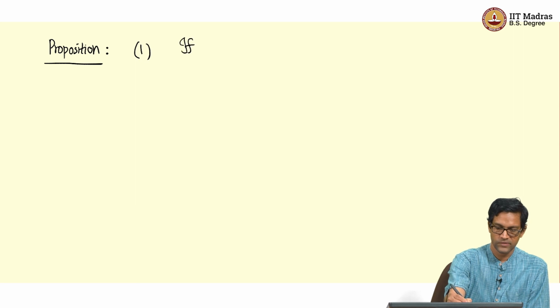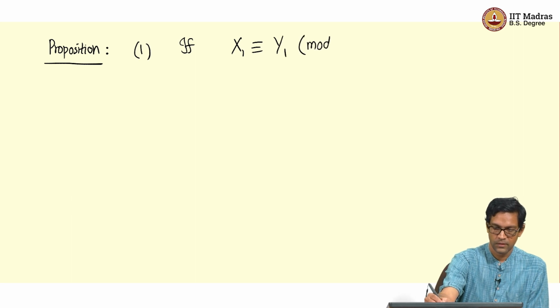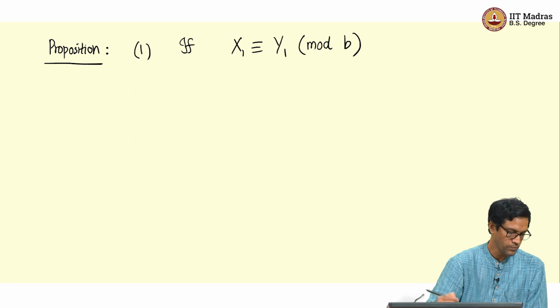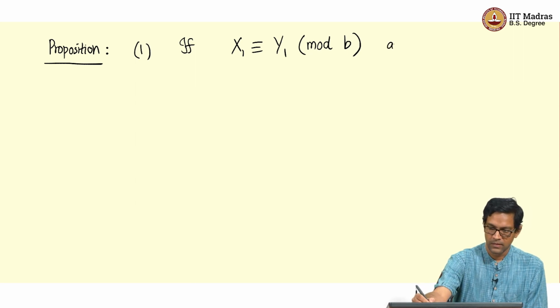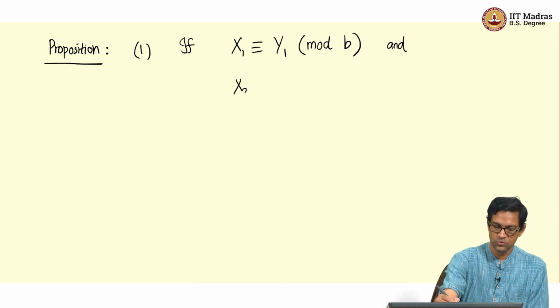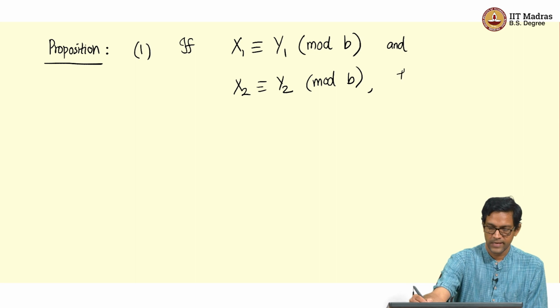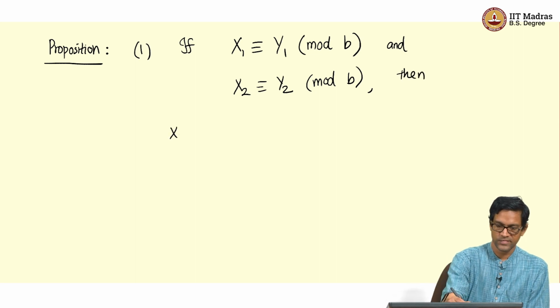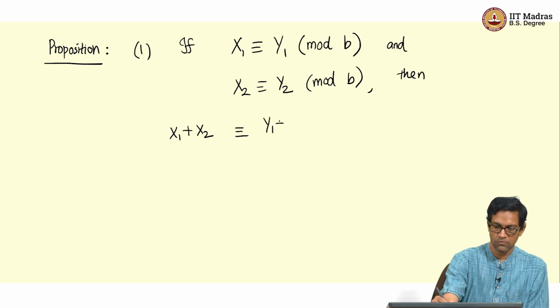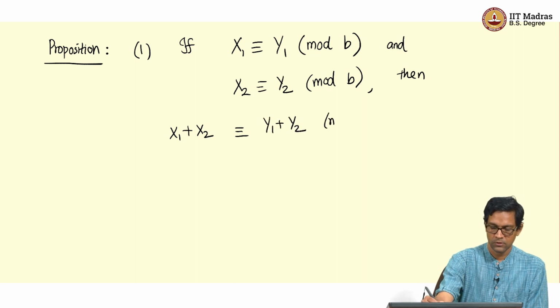So here is the first statement which says, suppose x1 and y1 are congruent modulo b, okay, and x2 is congruent to y2 modulo b, then the sum of x1 and x2 is congruent to the sum of y1 and y2 mod b.